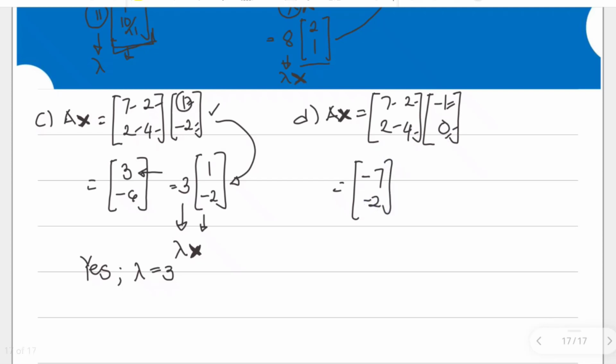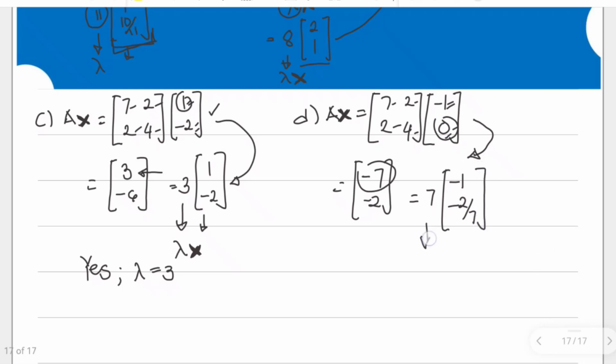But take note of what vector you applied here. It's negative 1 and 0. To reach this, you can simply factor out positive 7, so that the first entry will still be negative 1. However, your second entry will not be 0, as this will become negative 2 over 7.